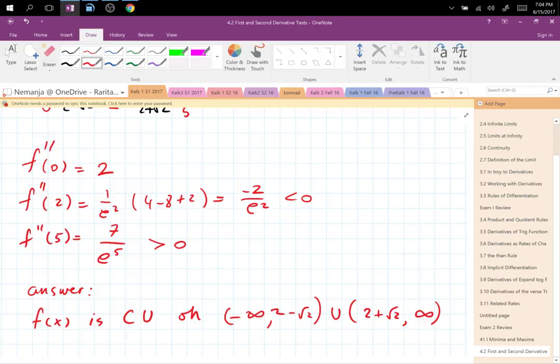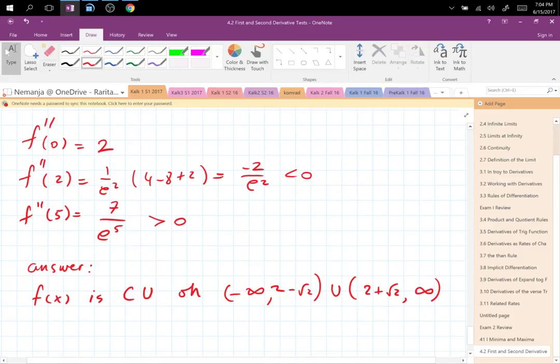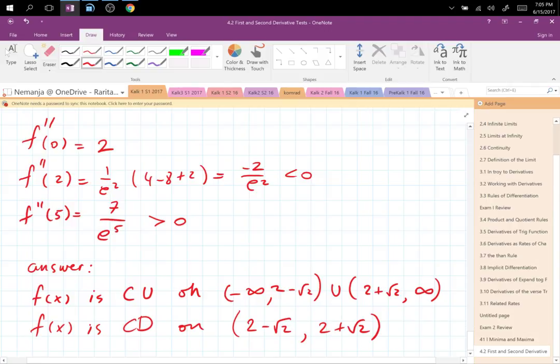You provide 2 x values because you are giving the domain, part of the domain. And f of x is concave down on 2 minus root 2, 2 plus root 2. That's it.